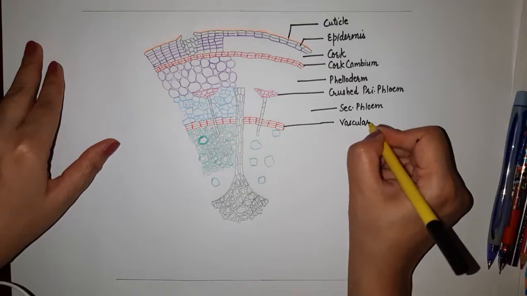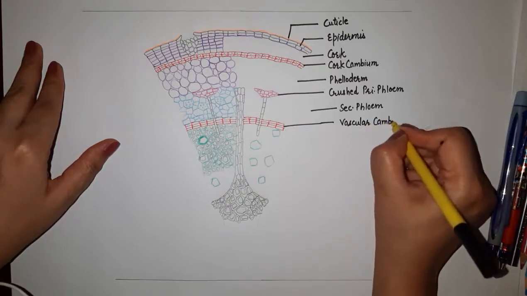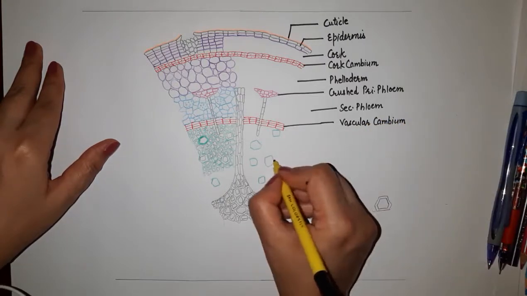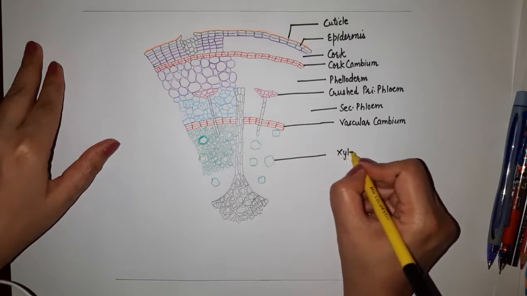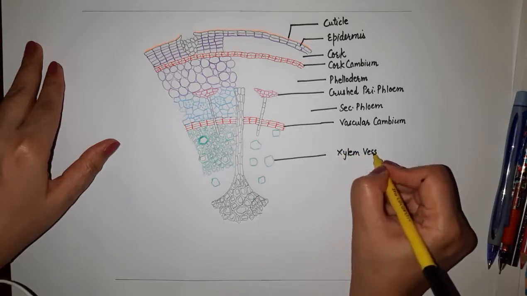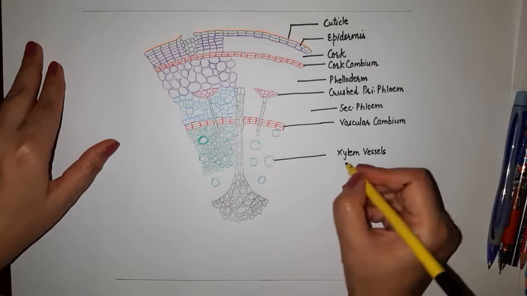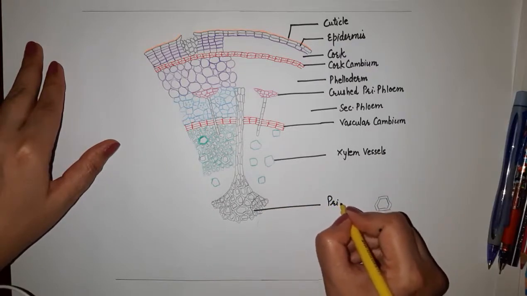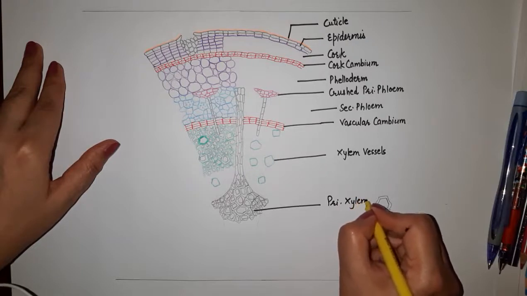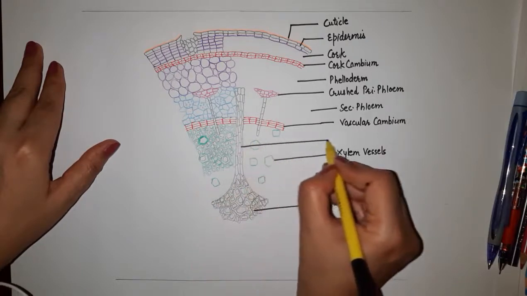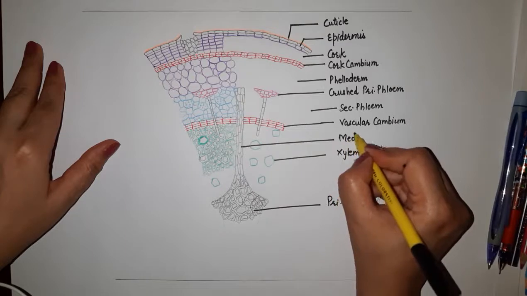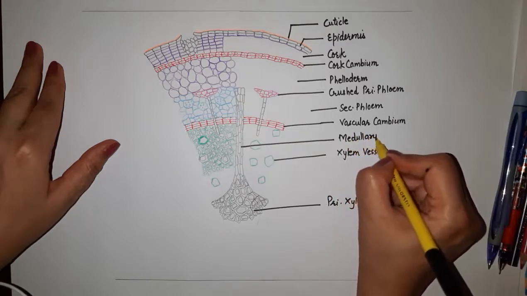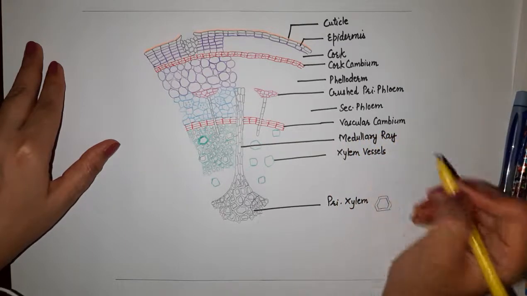Vascular cambium. Xylem vessels. This complete area comprises secondary xylem, and the innermost is primary xylem. The rays connecting are medullary rays.